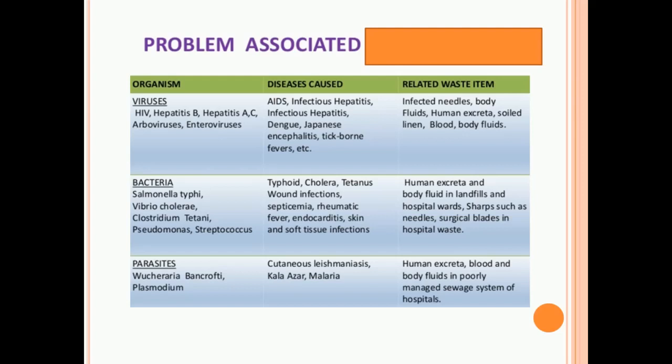All these are biomedical waste, and all this waste has to be treated properly. Apart from viruses and bacteria, there are also parasites which have to be given utmost importance. You can see the related waste items which can lead to the presence of these parasites in biomedical waste: again blood, body fluids, excreta and hospital waste.